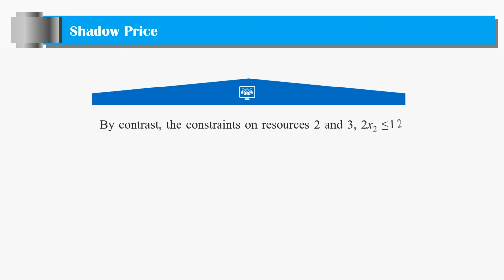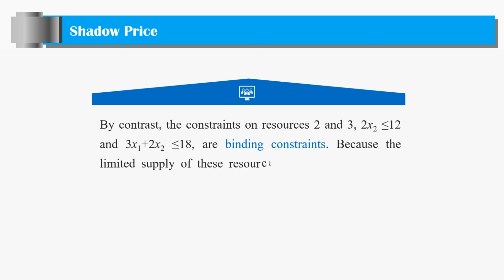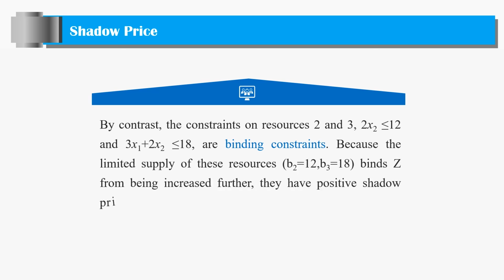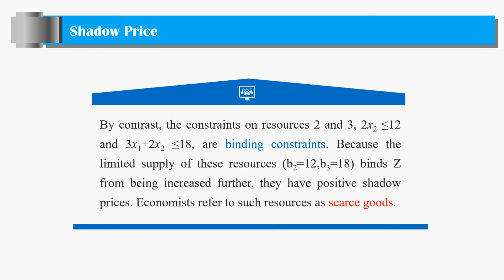On the other hand, the constraints on resources 2 and 3, 2x2 less than or equal to 12, and 3x1 plus 2x2 less than or equal to 18, are binding constraints. At the optimal solution, these inequalities are strict equations, because the limited supply of these resources binds z from being increased further. They have positive shadow prices. Economists refer to such resources as scarce goods.